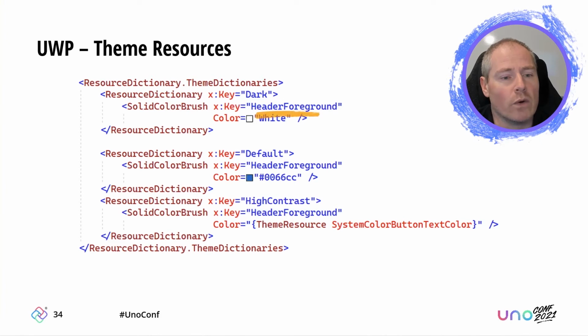Within each of these dictionaries, we've specified the same resource but different color values for it. For example, white on our dark theme, a blue color on our light theme, and then we're leveraging another theme resource, which is a predefined system color, button text color. That ensures that we're maintaining our best practices around having high contrast colors.